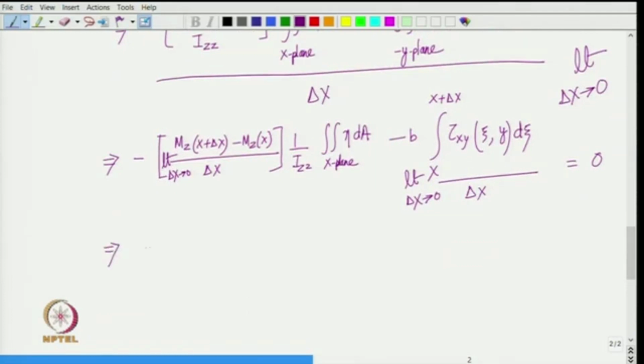that minus d m z by d x into 1 over I z z into integral over x plane eta dA minus b times tau x y of x comma y, that is equal to 0. Okay.